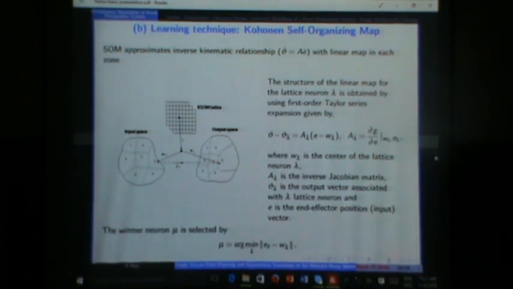So what it is doing here is that it is estimating this Jacobian, inverse Jacobian, right?